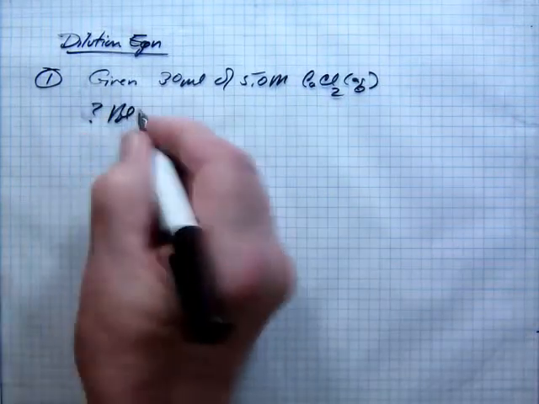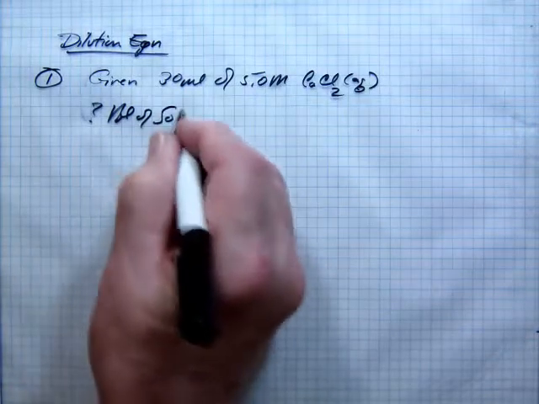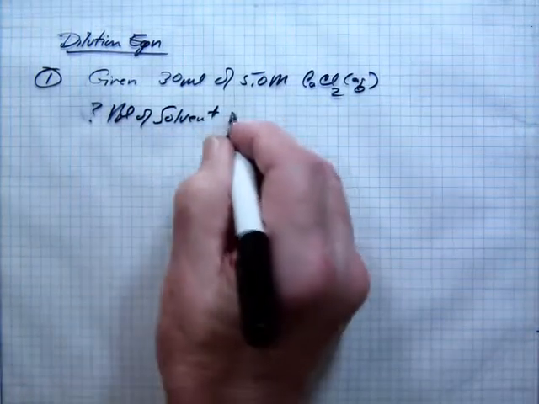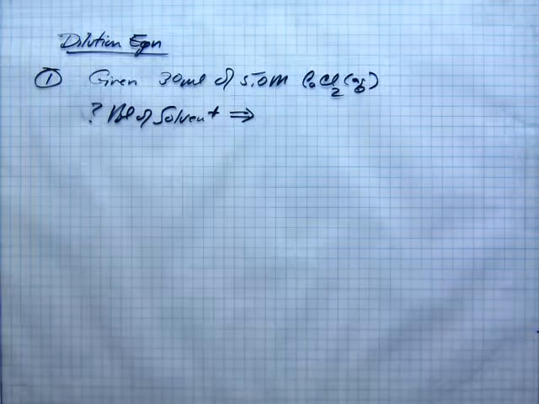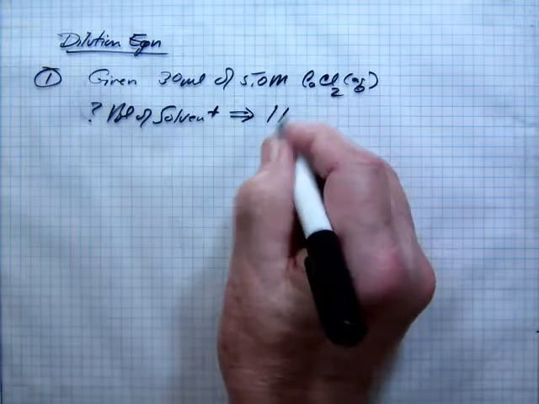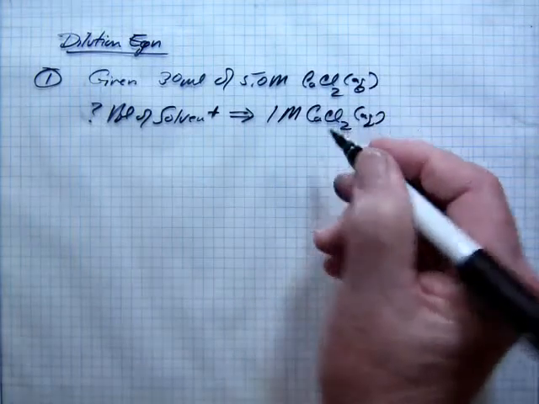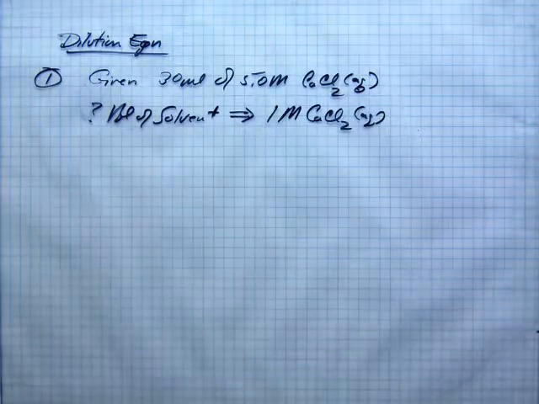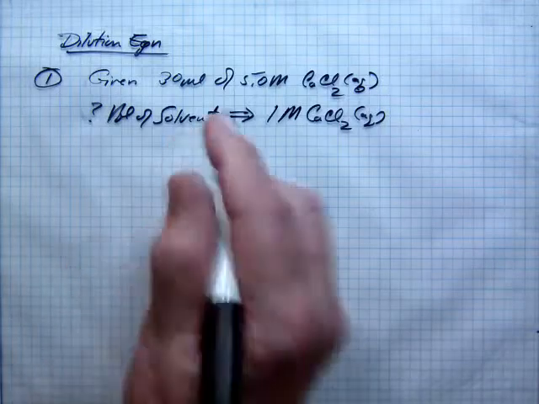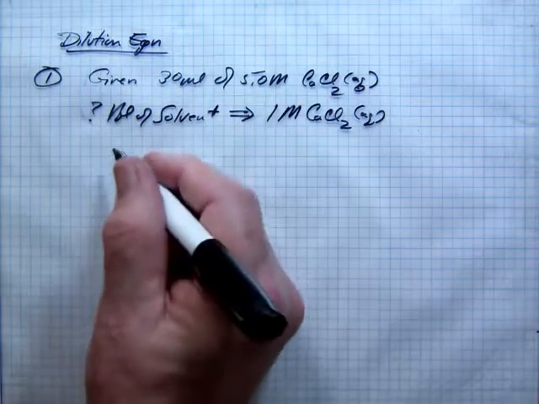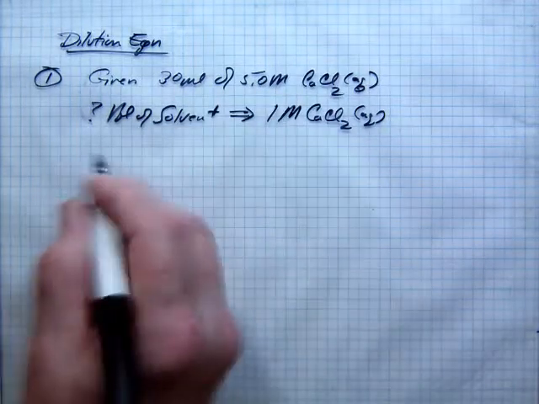What volume of solvent will dilute it to a 1 molar calcium chloride aqueous solution? So this is either way. So you have concentrate over here and your diluted sample here.